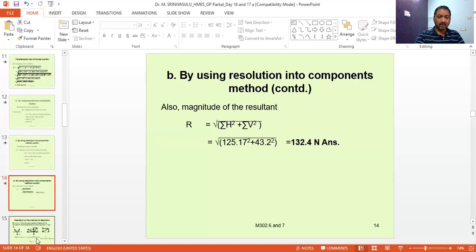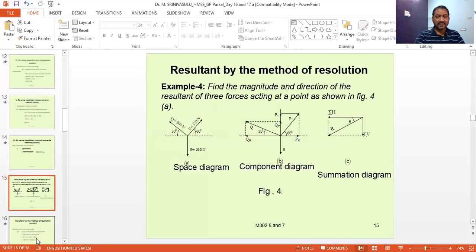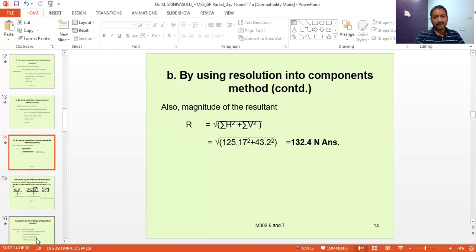So due to the time constraint, we can't take up the other problem, and that problem we can take up in the next class.